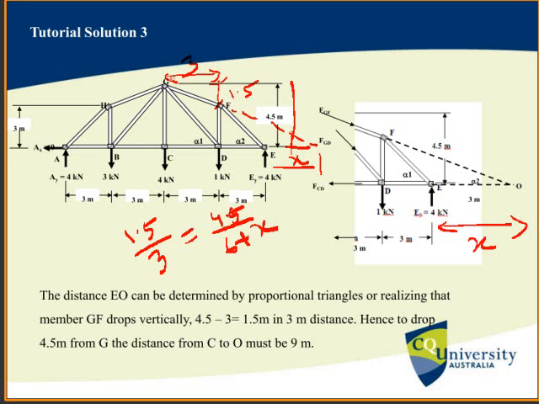So from this small triangle and this big triangle, the distance of this big triangle is 3 and 3 and x, so 6 plus x, and height is 4.5, so x will be 3. So we already got the value of x, and the distance from the middle point C to O will be 9 meter.